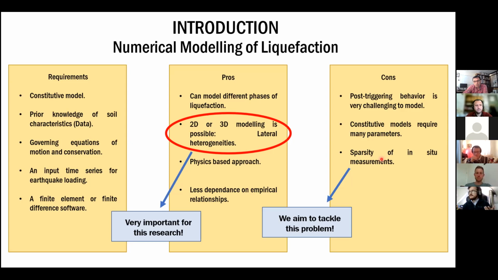What I refer to with the sparsity is that the data is often gotten from, for example, penetration tests, the SPT or the CPT, that generate profiles of a parameter, like a parameter map.